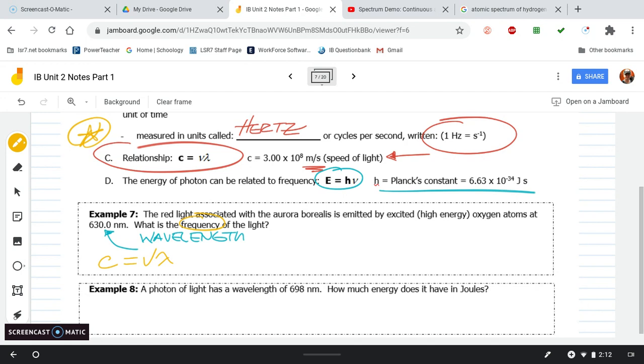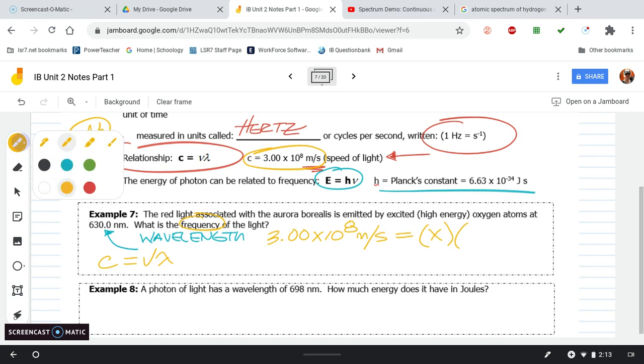So the speed of light is 3.00 times 10 to the 8th meters per second, and that's going to equal our frequency, which is our x, multiplied by wavelength. Now, here's the problem, though. Our wavelength is in nanometers, and that's not going to play nice because this is in meters and this is in nanometers.